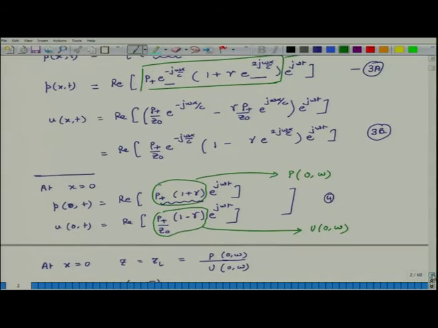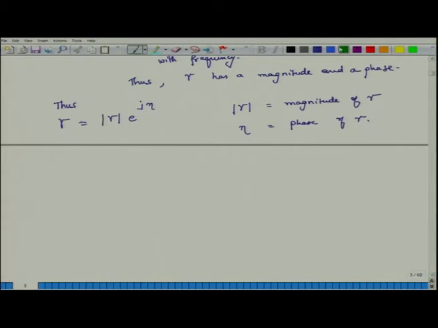So, we will write that expression: P, the complex amplitude of pressure in the tube, is equal to P plus e to the minus j omega x over c, times 1 plus gamma e to the 2 j omega x over c. This is the amplitude of complex pressure, right.